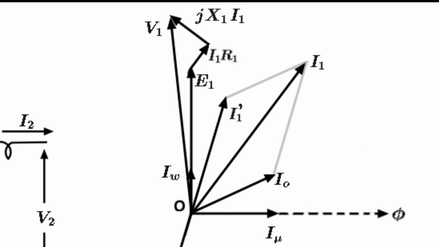Hence, the applied voltage V1 is the vector sum of three quantities: the induced EMF across the primary winding E1, the resistive drop I1 times R1, the reactive drop Jx1 times I1. Here, you see previously we had denoted this vector as V1, but now we are denoting it as E1.